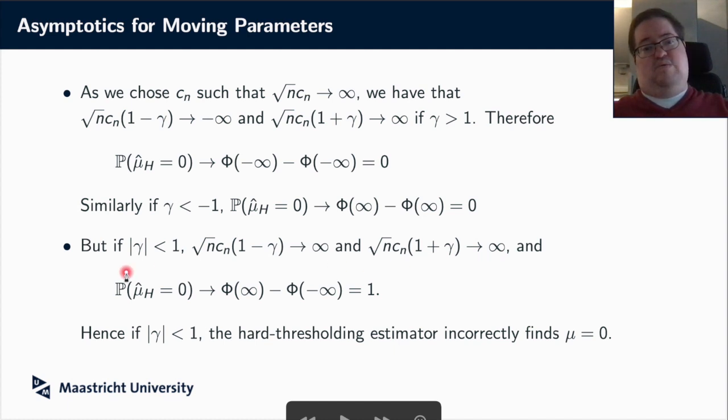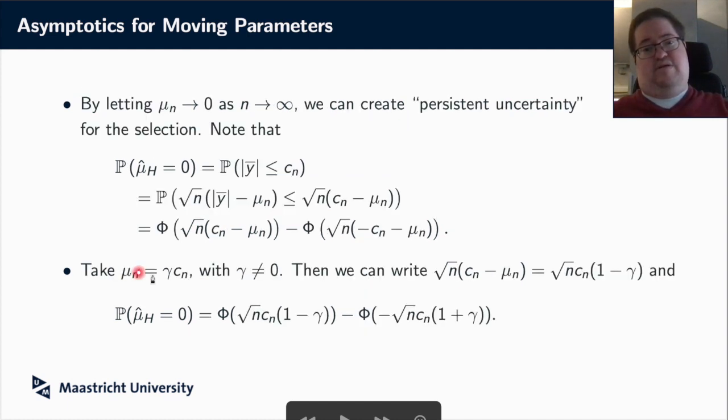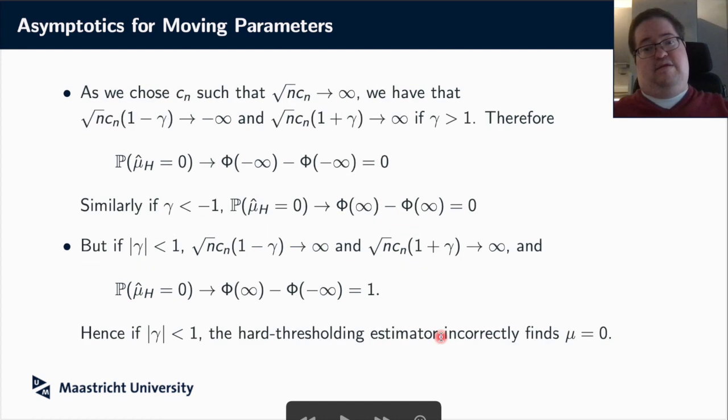And if you now go back one slide and notice that we have a minus here compared with this term, so you get minus square root n Cn times 1 plus gamma, then we'll see that the second term goes to minus infinity, where the first one goes to plus infinity, and therefore we don't set the estimator equal to 0 with probability 0, but with probability going to 1. So we actually get the complete opposite result.